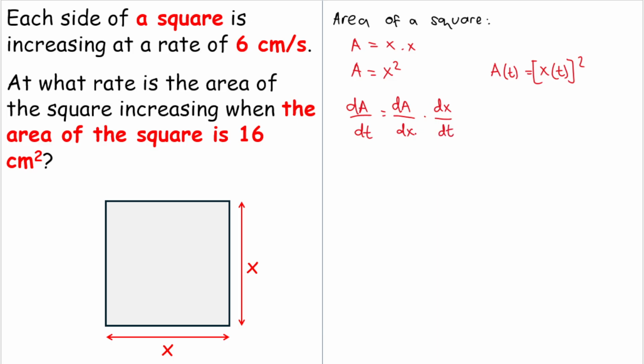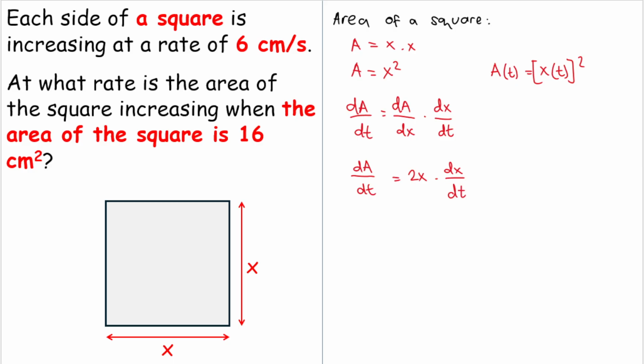So dA over dt is equal to 2x times dx over dt.